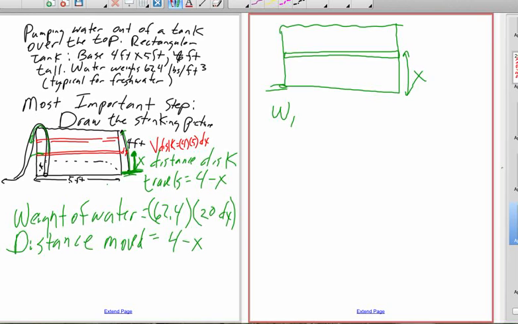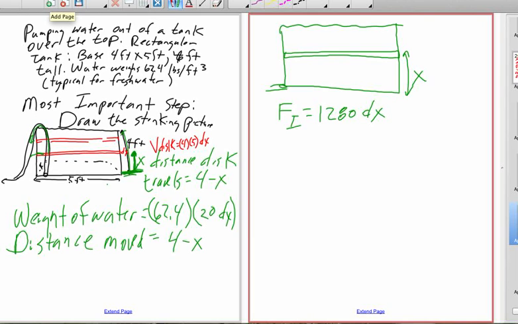The individual weight of that disk, which is our force, not our work, that's our force. So the individual force we're dealing with, which is the weight of that, is still going to be the 1280 dx, which is my volume times the 62.4.